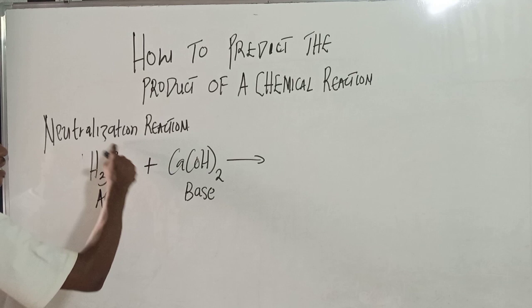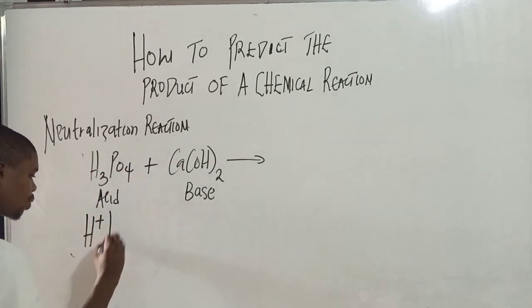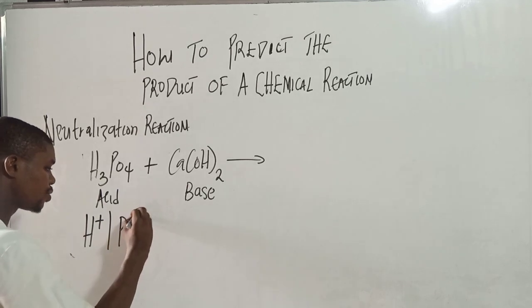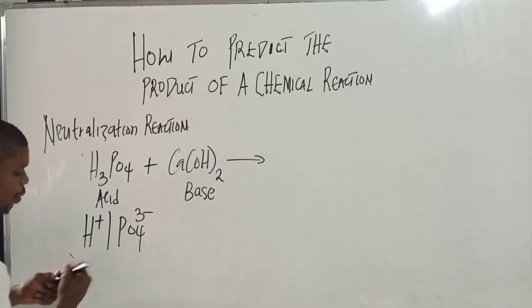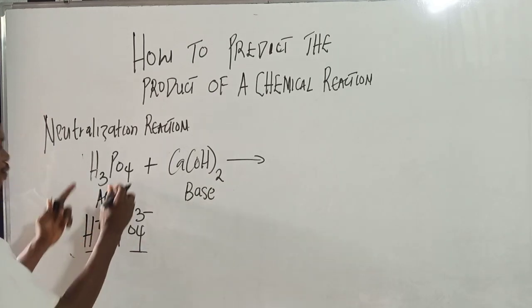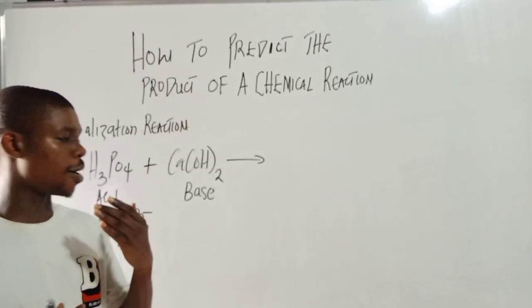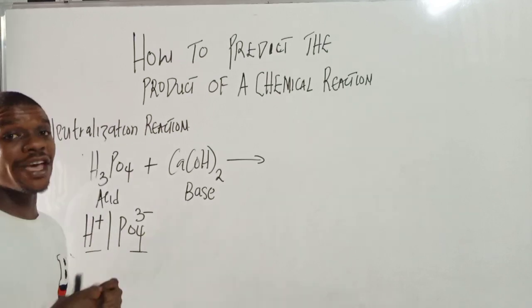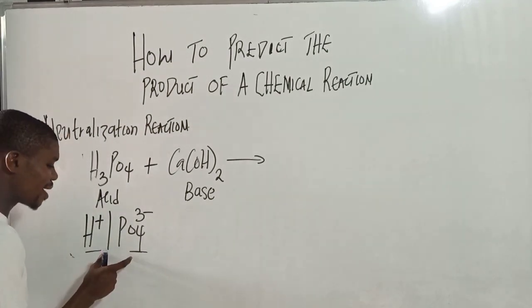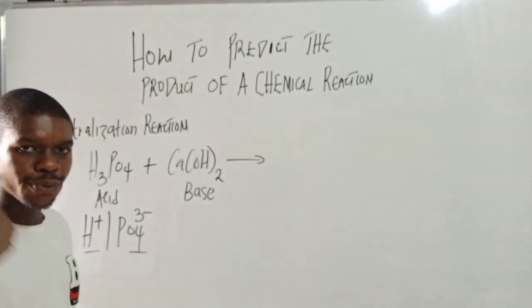It means that this acid here is H plus and PO4 3 minus. These two ions form this acid. So before you can start creating the product of the reaction, you must get the accurate ions that form this one. If not, you are not going to get the right product.